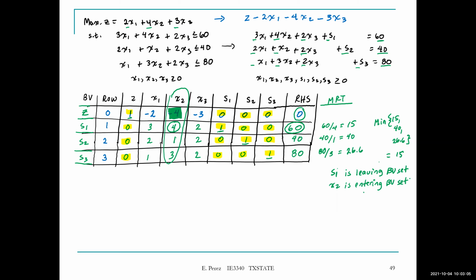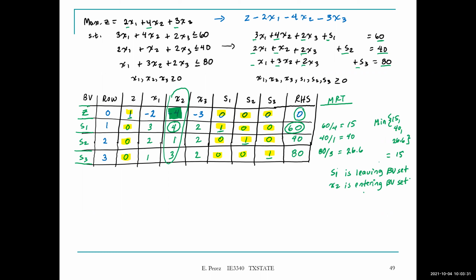We identify who's entering by looking at row 0, largest negative coefficient. X2 is entering. We do the minimum ratio test to identify who's going to leave. The minimum is 15, which is associated with S1. So after making those decisions, we made S1 leave the basic variable set. X2 is now entering the basic variable set.